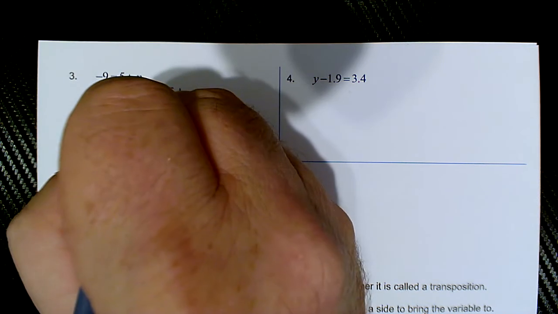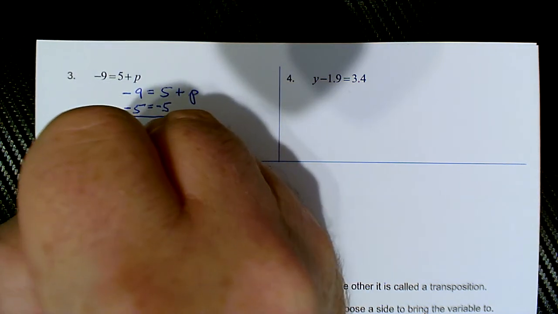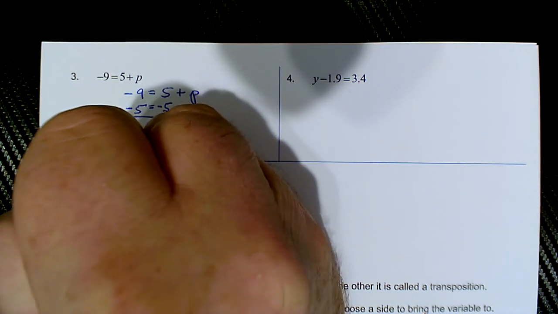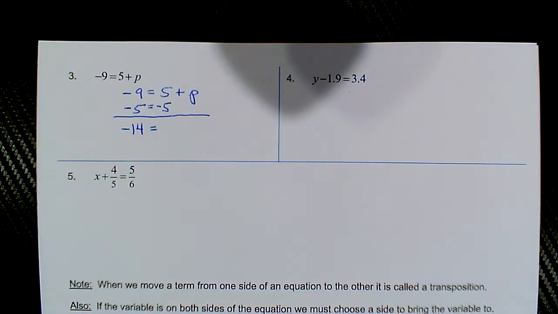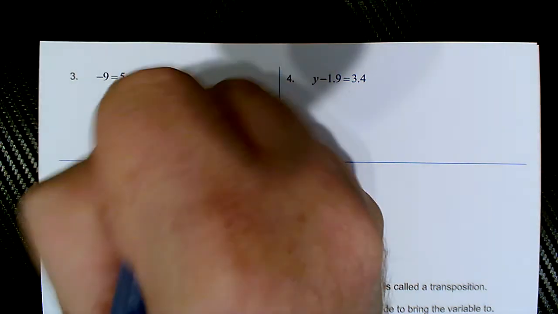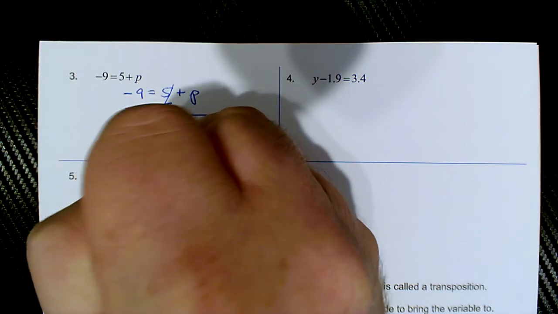And now I combine a -9 and a -5. Same sign, add the numbers, keep the sign. I'm assuming you're comfortable with signed number arithmetic. If not, we'll review that in class. And then the 5s go away, and then we just bring down the p.